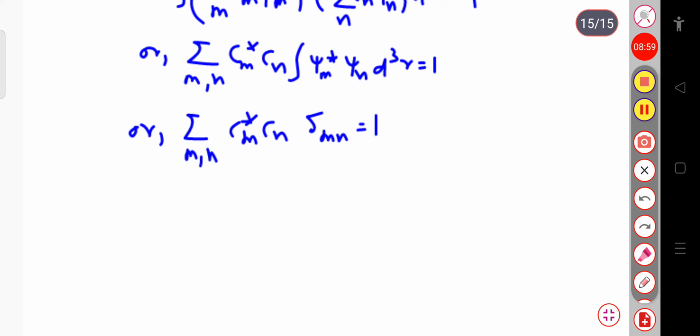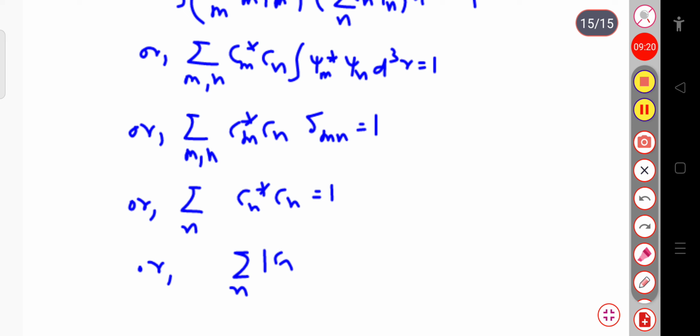And now if you apply the Kronecker delta rule, when m equal to n, this delta mn value will be equal to 1. So simply we can write sum over n Cn star into Cn, that is equal to 1, or simply sum over n modulus of Cn square, that is equal to 1.